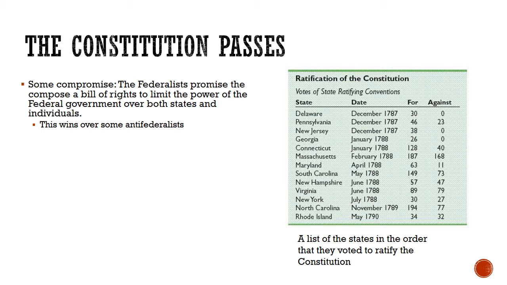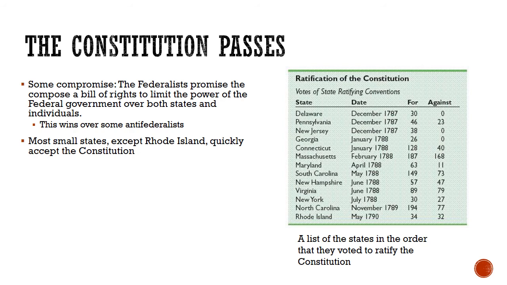They promise that if the Constitution is ratified, they will move immediately to pass a Bill of Rights, which will change the Constitution to make sure that the central government cannot impede upon the rights of individuals or of states. And this compromise wins over many anti-federalists.